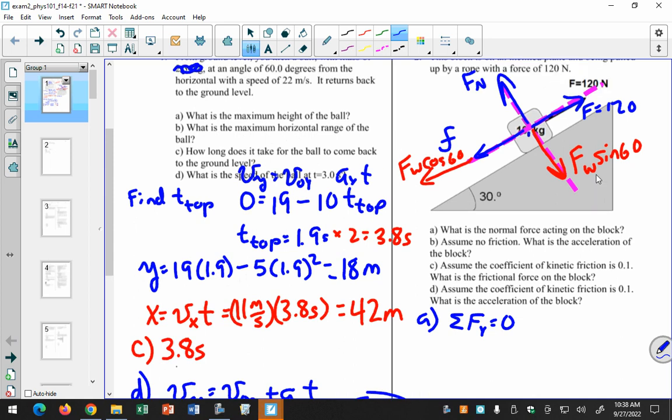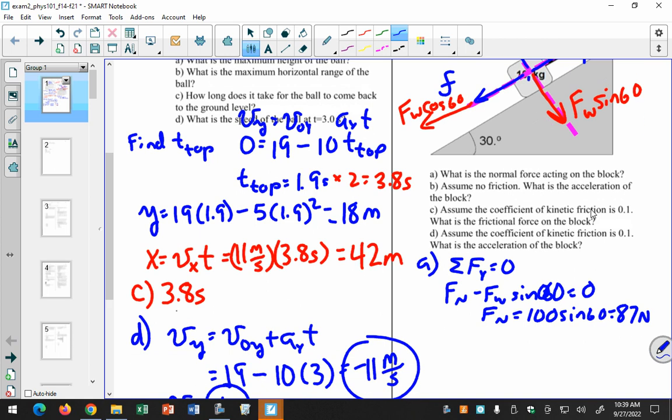That's going to be Fn minus Fw sine 60 equals 0. So Fn equals Fw, which is 100 sine of 60. That's 87. Okay, so that's the first part. The normal force is 87 newtons.